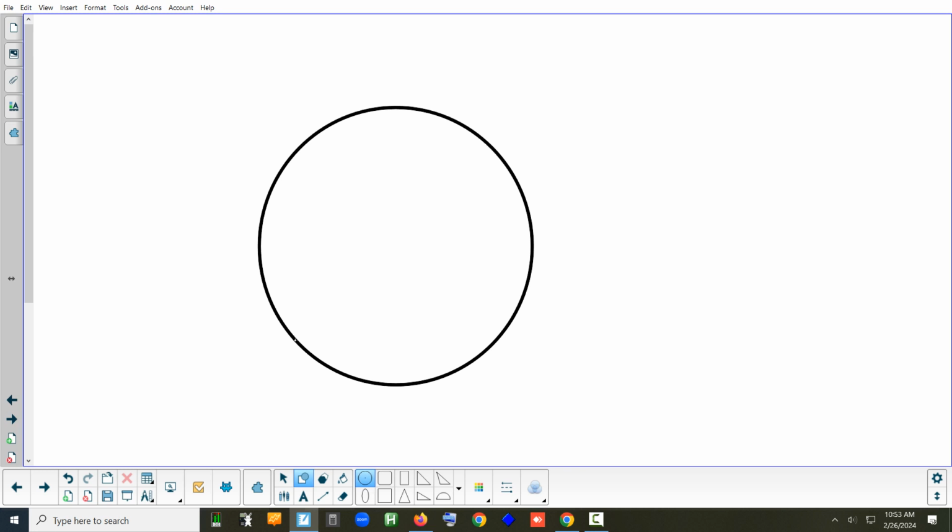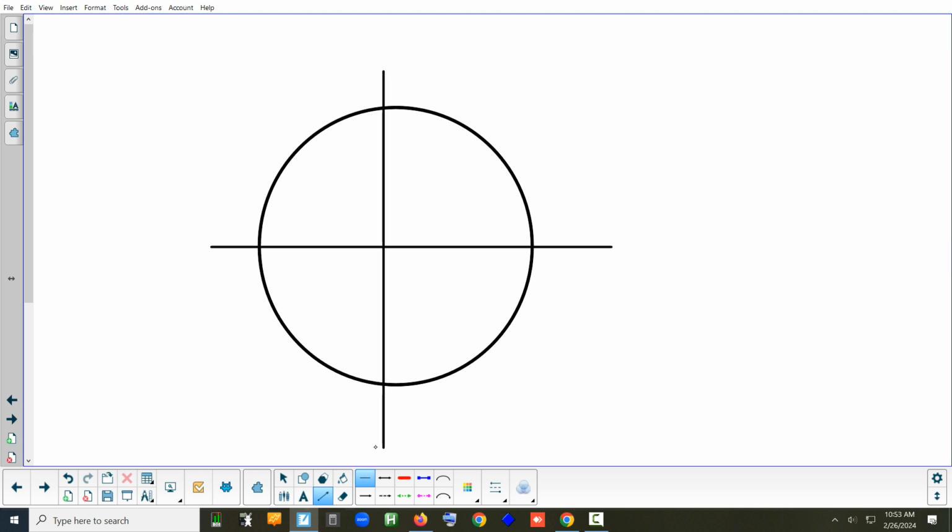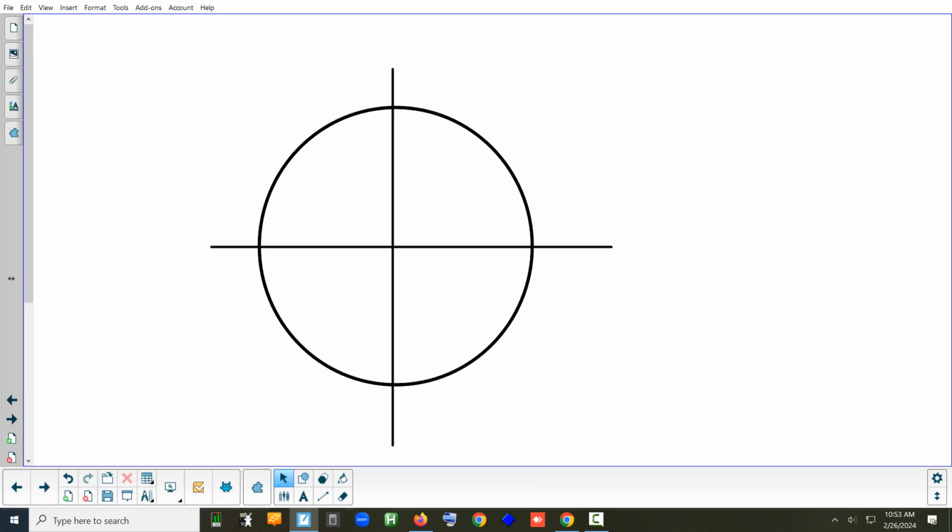So here's the circle. And when we do the unit circle, we usually put an XY axis on it because the goal is to figure out coordinates. What kind of angles have we always worked with on this circle? 45, 90s.